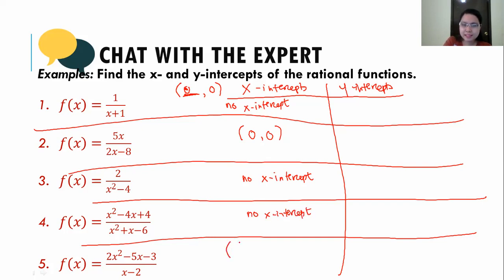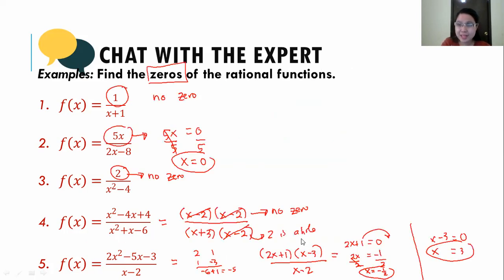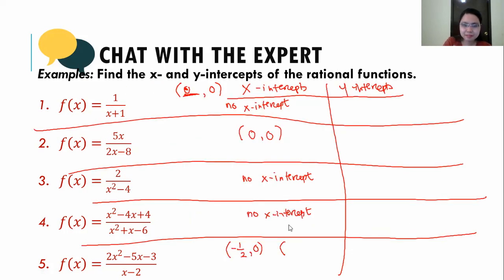We have -1/2. So -1/2, 0. And the other is, let me check again, 3, 0. So these are our x-intercepts, the same as your roots.